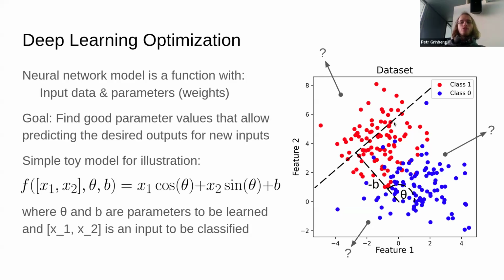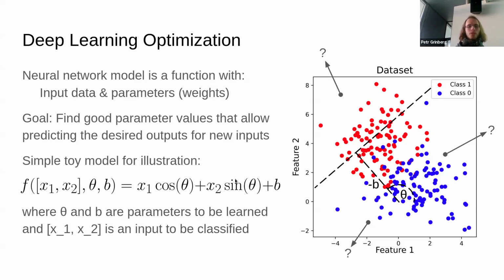Your model is this dashed line, and you want to adjust this line in the best possible way to ensure that on one side of your line there is a positive class, and on the other side there is a negative class, like a red class and a blue class.